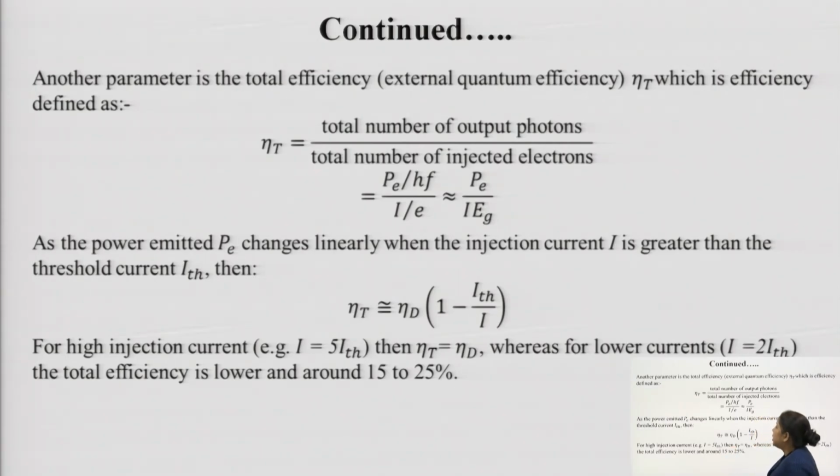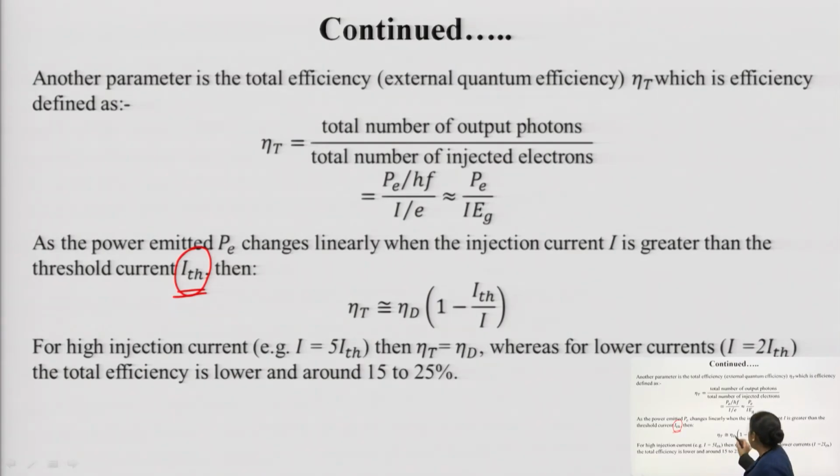The power emitted PE changes linearly when the injected current I is greater than the threshold. We already know that in the case of a laser, a threshold value has to be achieved because an external stimulus is applied and the external stimulus provides that threshold current.